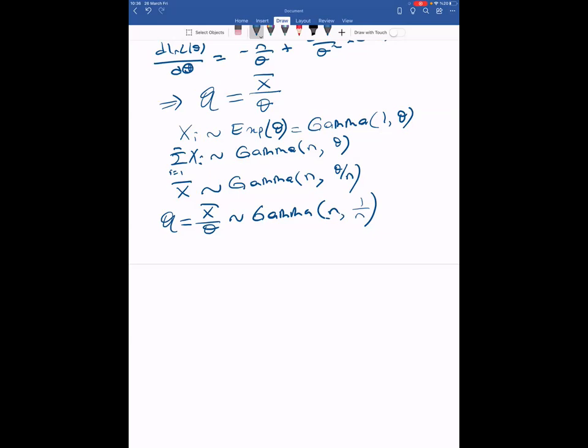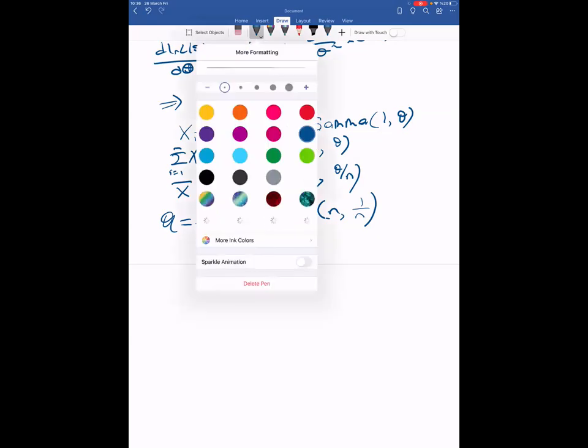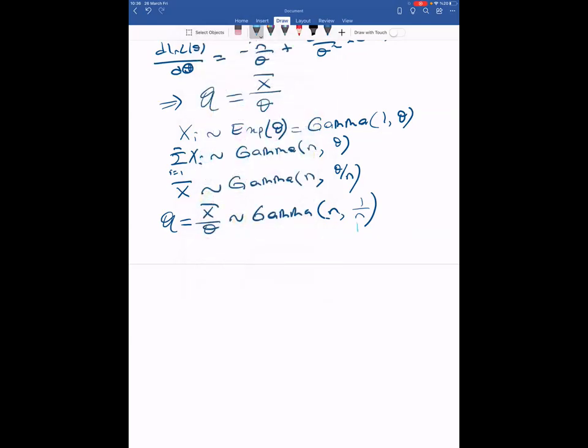If we change the scale parameter to 2, then we will have a chi-square distributed random variable. How can we do that? When we multiply a gamma distributed random variable by a constant, it only affects the scale parameter. To make the scale parameter 1 over n become 2, we have to multiply our Q by 2n. So 2n x bar over theta.